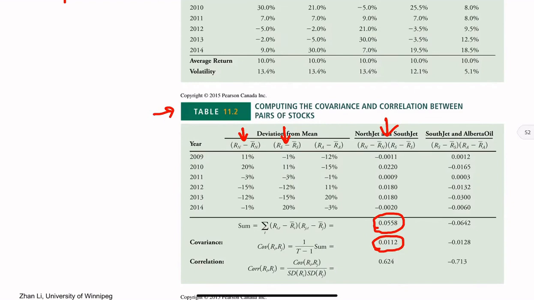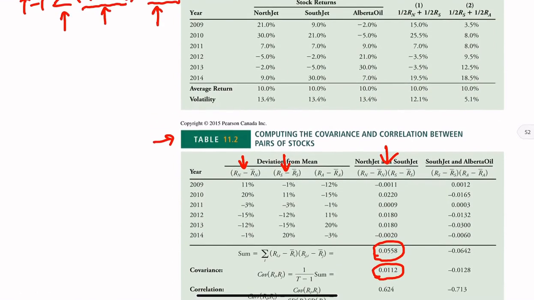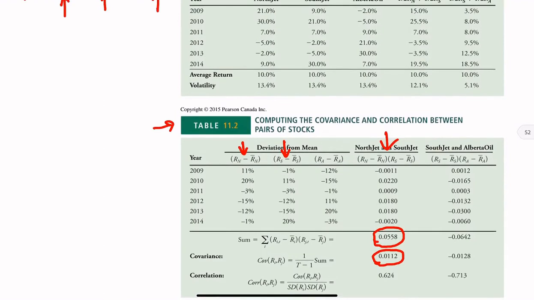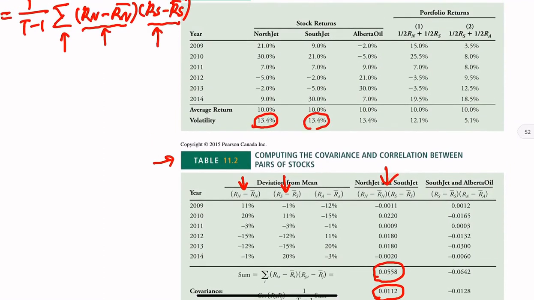And after getting covariance, we can calculate correlation. Correlation equals covariance divided by the standard deviation of stock I times the standard deviation of stock J. How do we get standard deviation? We have the standard deviation of this and the standard deviation of this.